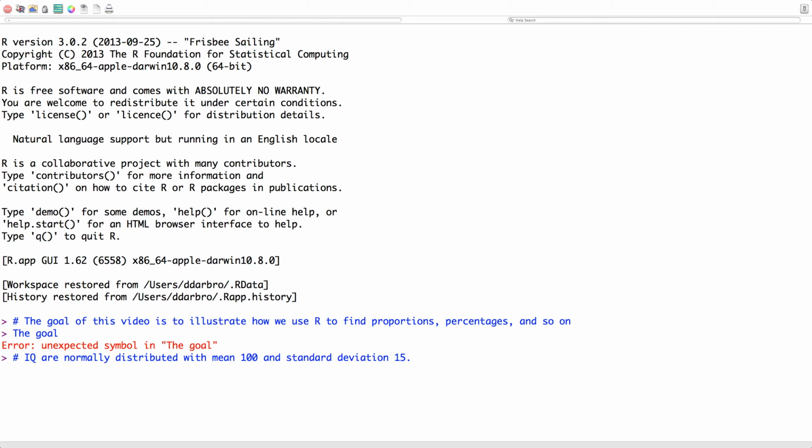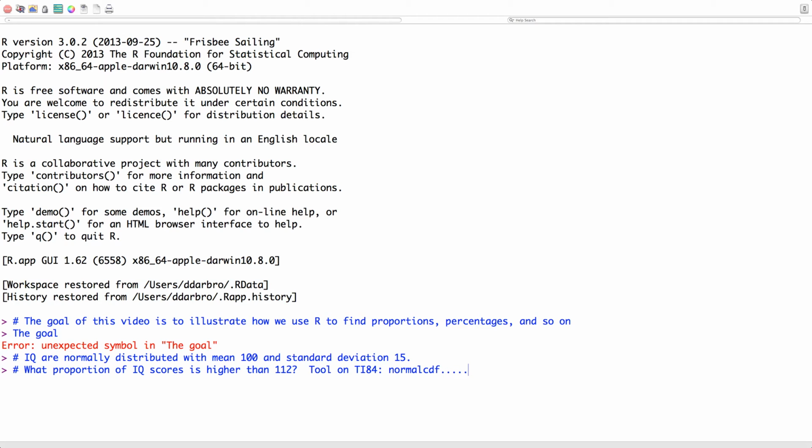Now, some of the problems that you have worked previously would be something like: what proportion of IQ scores is higher than, let's say, 112? Up to now, the tool that you would use on your TI-84 would be the normal CDF key.